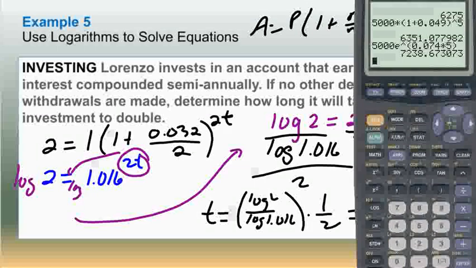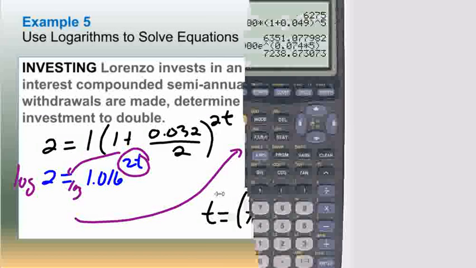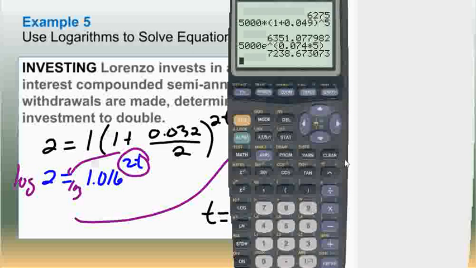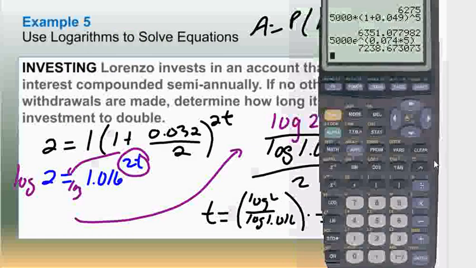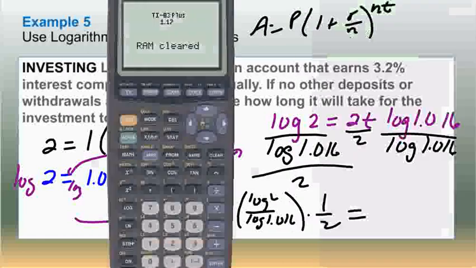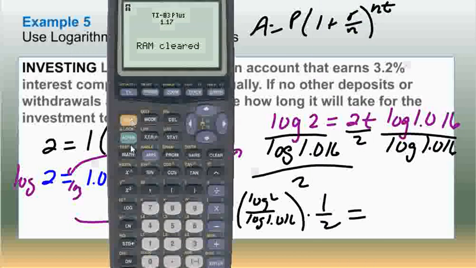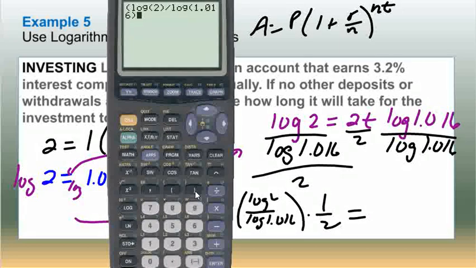So on my calculator, I have parentheses log of 2 divided by log of 1.016 end parentheses, and then I'm going to divide all that by 2.